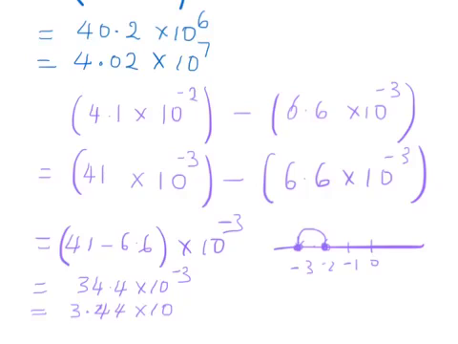Well, to go from here to here, I've reduced the number. So I must increase this one to compensate. And if I increase minus 3, I've moved the decimal place once, so I need to increase this by 1. And how do I increase minus 3 by 1? Well, it becomes minus 2, because minus 3 plus 1 is minus 2.